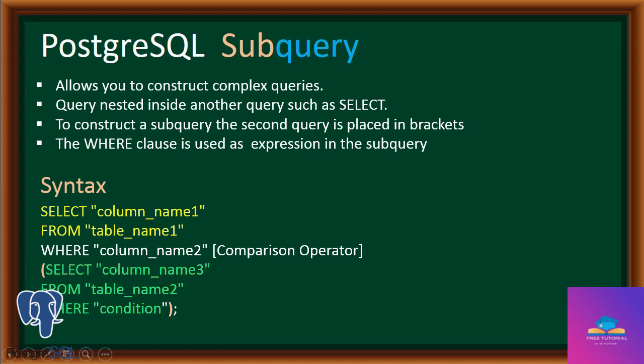So I've changed the color to make it more pronounced. So the part in yellow here is known as the outer query, while the query in green, which has brackets around it, is known as the inner query.